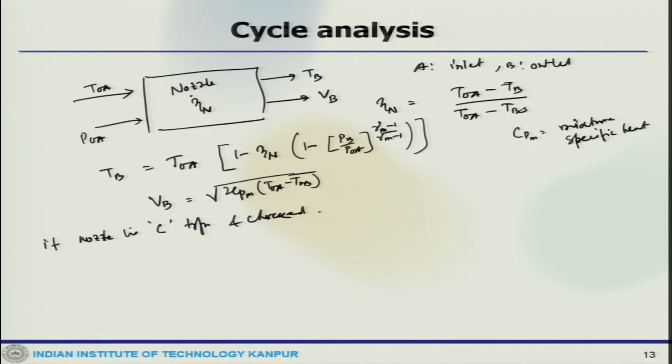So, the exit condition would be the critical one, and the ratio between the total temperature to the static one would be T naught A by T critical, which is gamma plus 1 by 2.